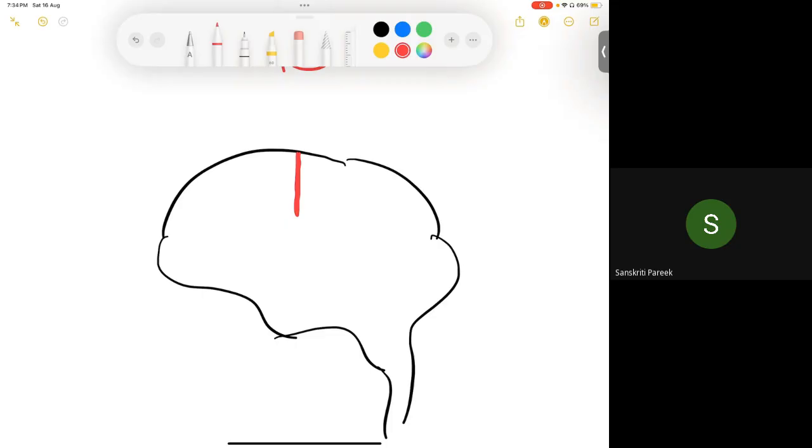The brain is basically made up of different sulci and gyri. Gyri are those wavy kind of structures seen in the brain, if you know, right? So they are gyri and we have sulci as well. So the central sulcus is basically a separation, or a fissure, present in the middle of your brain. Is it clear?